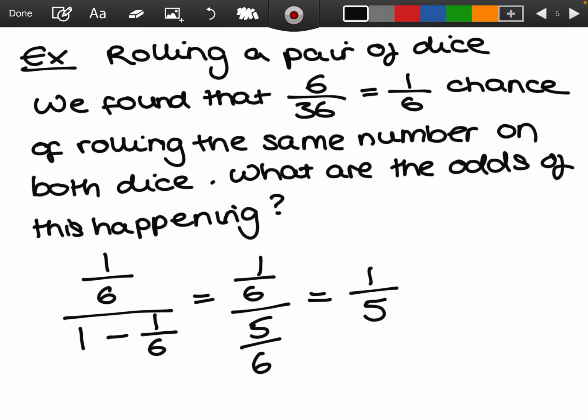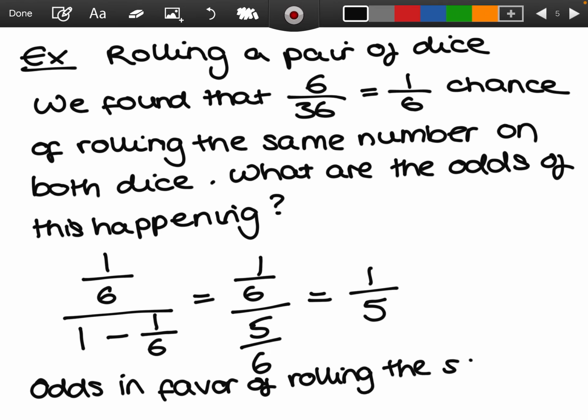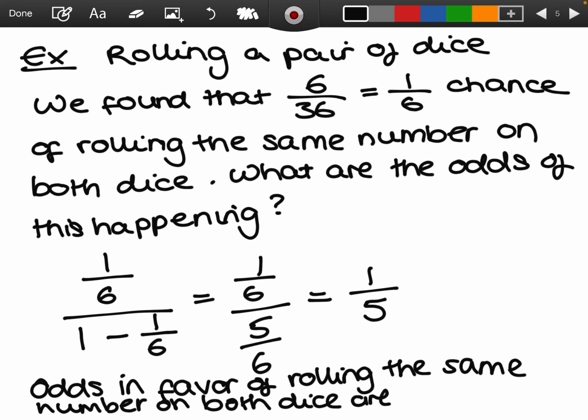So that tells me that the odds in favour of rolling the same number on both dice are 1 to 5.